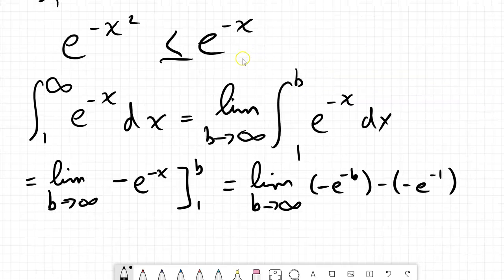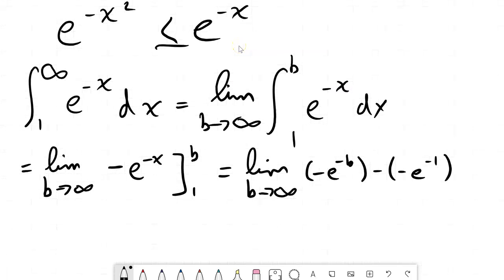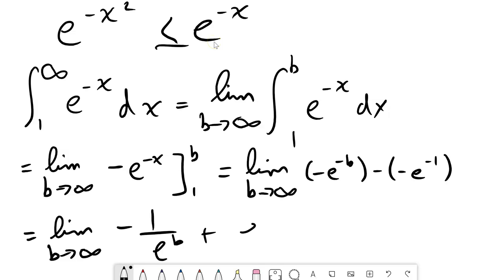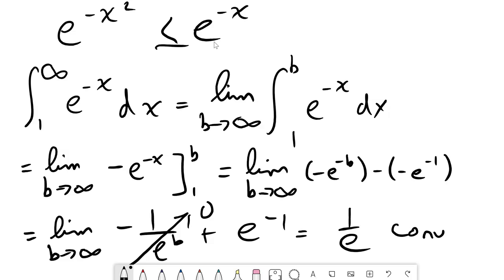I'm going to scroll down. This is equal to the limit as b approaches infinity of minus 1 divided by e to the b, since this is a negative exponent so I change it to a positive exponent, and then minus minus, that's plus e to the minus 1, which is equal to, this goes to 0, so we're left with e to the minus 1, or 1 over e. In other words, this converges because it's a value.